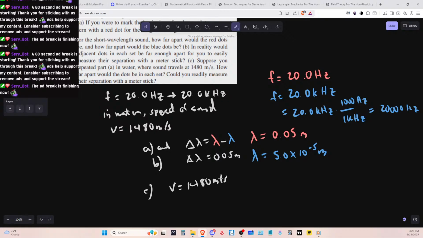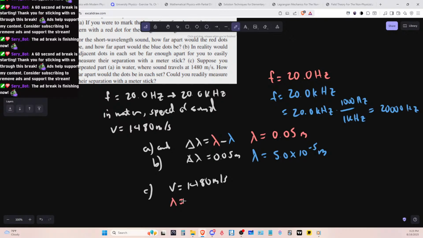Now, when we do it, let's actually calculate this, because we have to calculate how far apart the dots are, so we have to calculate the wavelength in water.